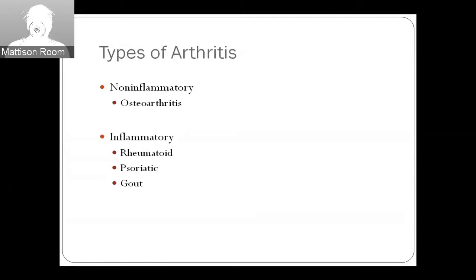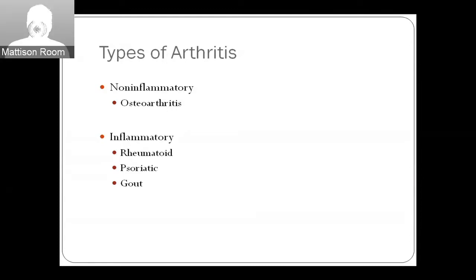In other words, the non-inflammatory type, or osteoarthritis, is more wear and tear of a joint, or joints that have had injury in the past. Maybe you broke a bone or something like that, and the joint is not so perfect anymore. And as time goes on, it wears out. Much like a piston in a car engine, if you don't have that perfectly centered, and it's off a little bit, or there's not any oil on one side, it can wear down that engine and cause that engine to seize.